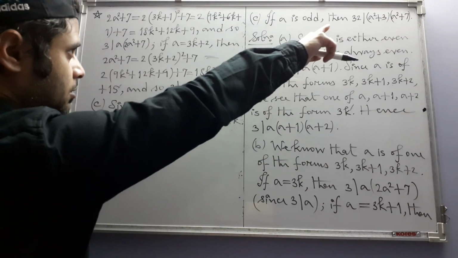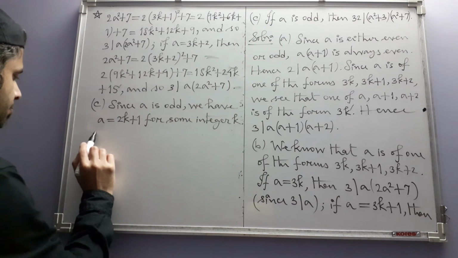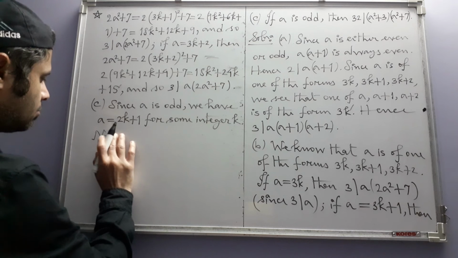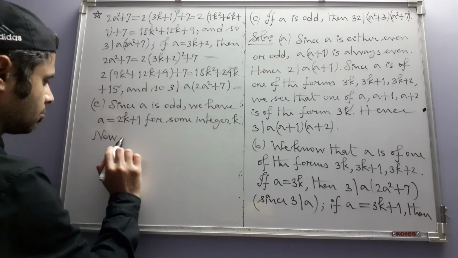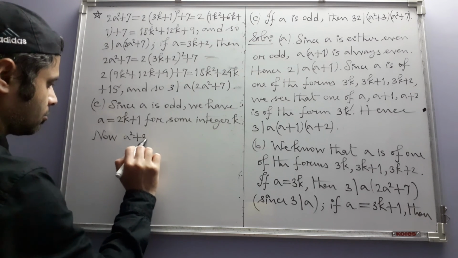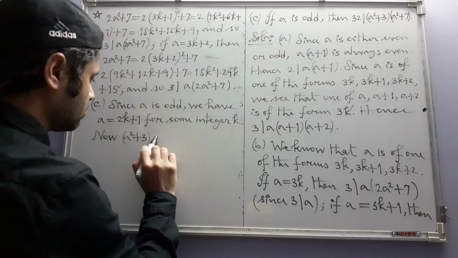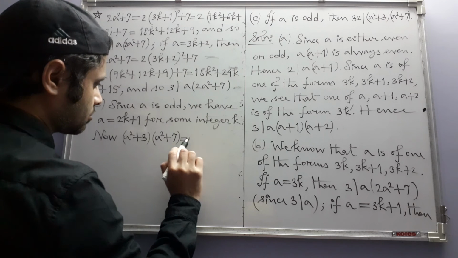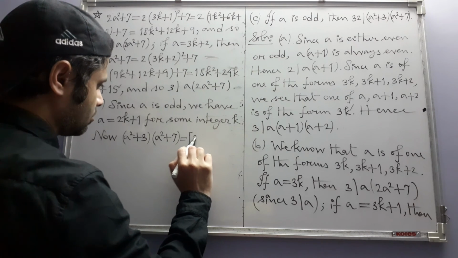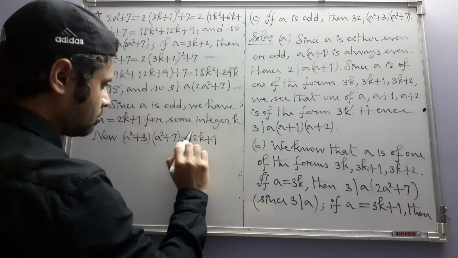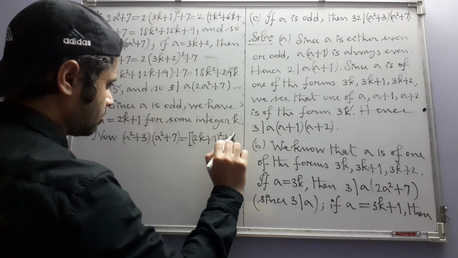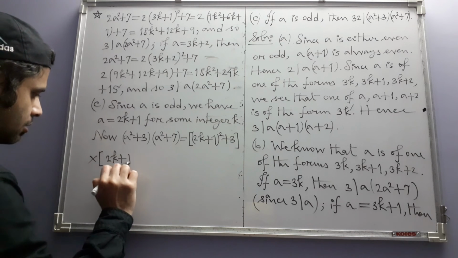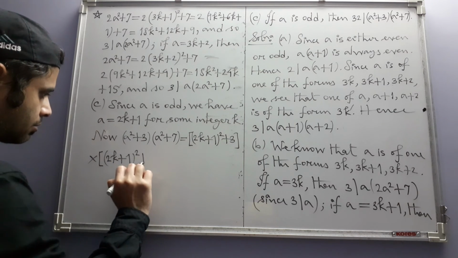Now the expression is this, times 2k plus 1 whole square plus 7.